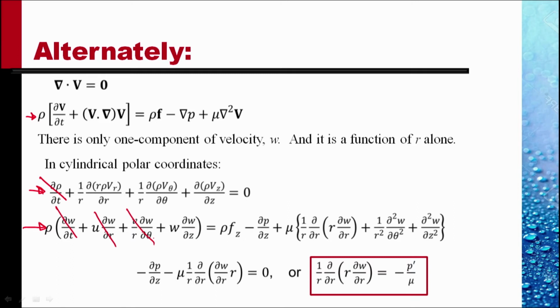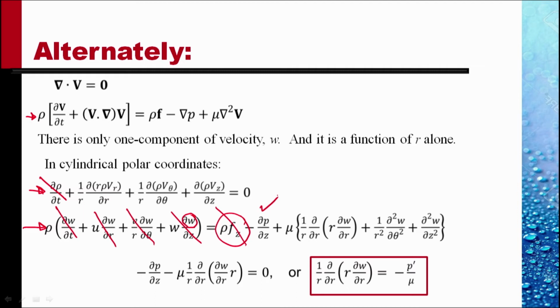This component is 0 because W velocity, though non-zero, is not varying with Z. This is the body force term, and if we say the pipe is horizontal, then this can be neglected.